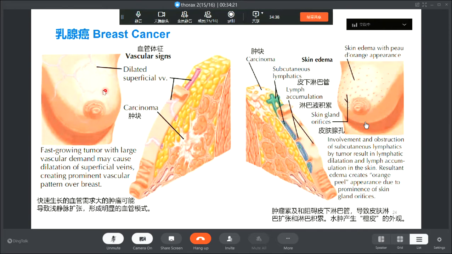You can see the vascular signs, and you can also see skin dimpling with the peau d'orange appearance, and you can go through these two signs to see whether you have breast cancer.